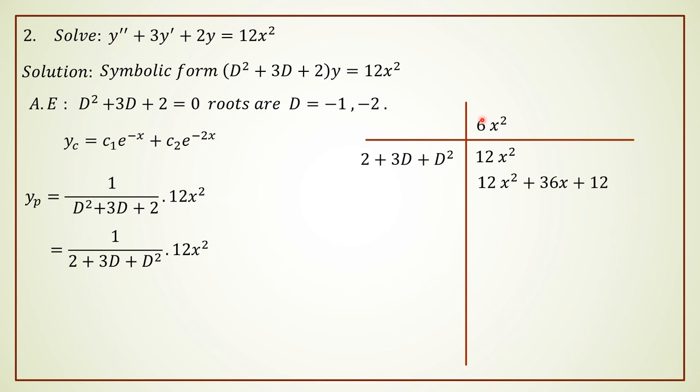What is the differentiation of 6x square? It is 12x. 12x into 3, that is 36x. Okay, plus D square of 6x square. D square of 6x square is nothing but 2 times you have to differentiate 6x square over here.